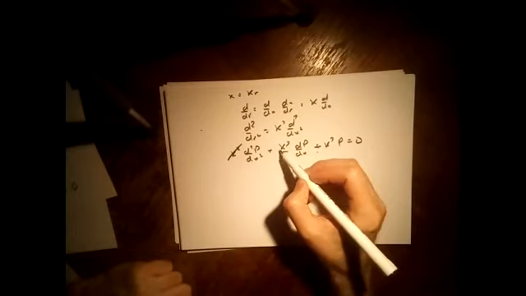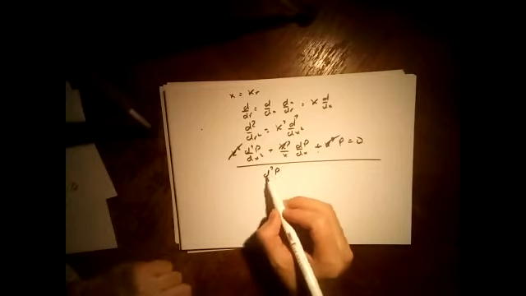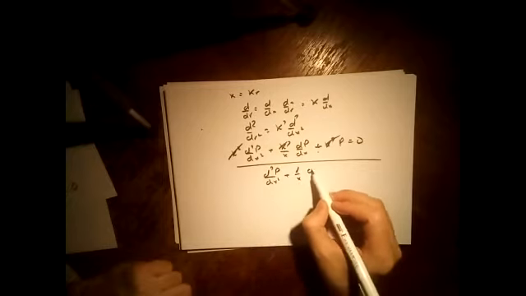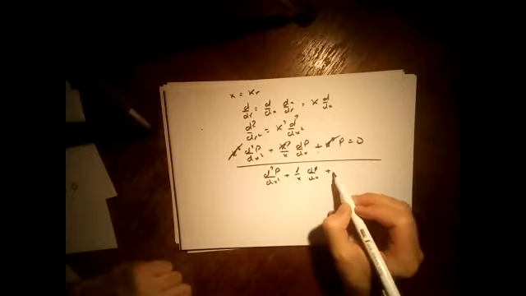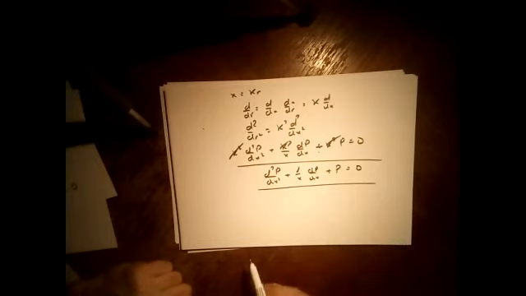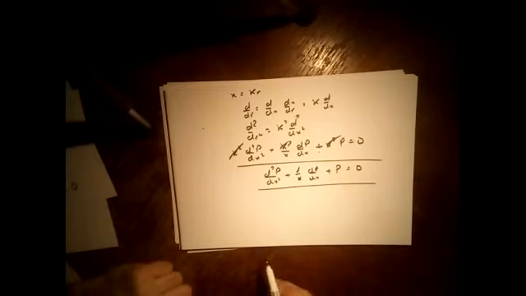So the kappa squareds all cancel, and what we're going to be left with is d squared p dx squared plus 1 over x dp dx plus p is equal to 0. We are after this one, and this one actually turns out to be the zero Bessel function. But let's work that out a little bit.